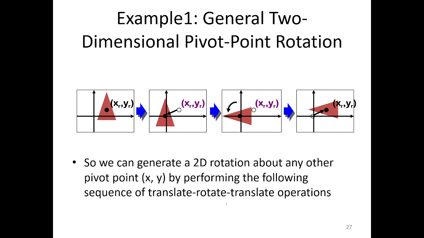We can generate a 2D rotation about any other point x comma y by performing the following sequence of translate, rotate and translate operations.